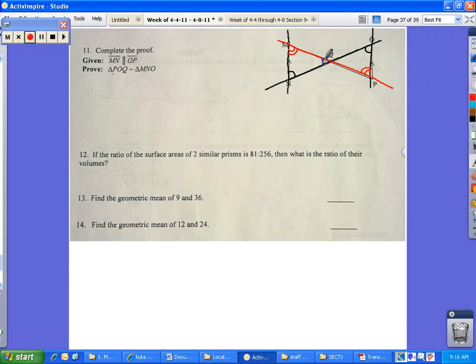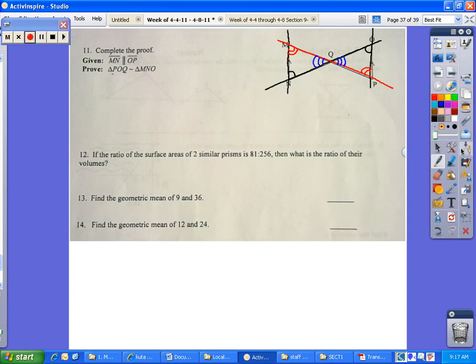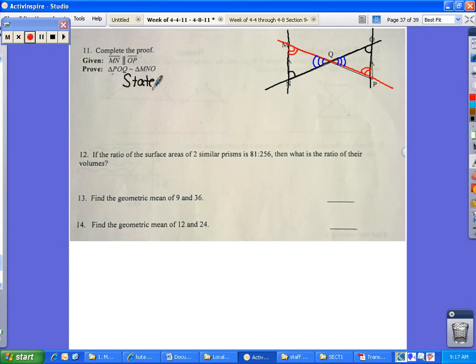You could also say that these angles here are congruent by vertical angles. So you have a lot of options here. You actually don't need all three angles for this proof, but you can conclude that they're all congruent. So for my statements and my reasons, I'm going to go ahead and pause this and complete the proof just to save time on the video.